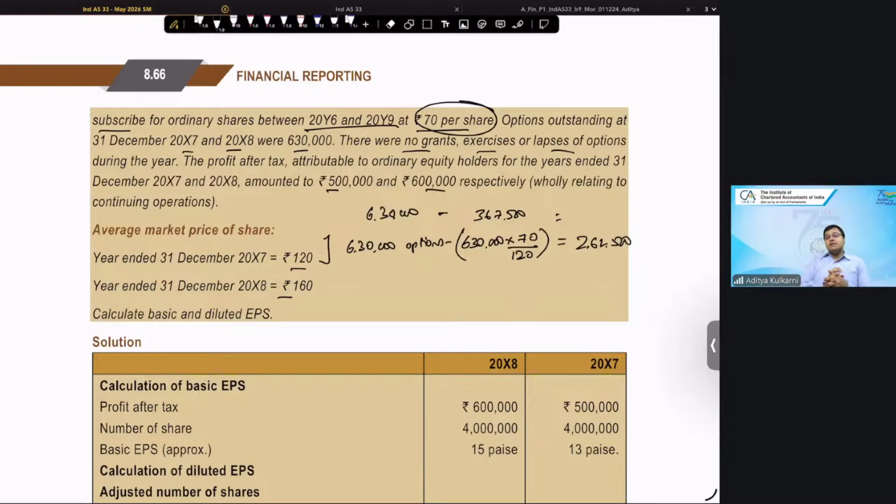Because against 6,30,000 you are going to get money. So you have to consider only those shares where there is no monetary element involved. Yes or no? In the case of convertible debentures, on conversion, am I going to get money for that?